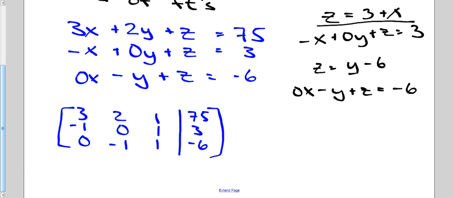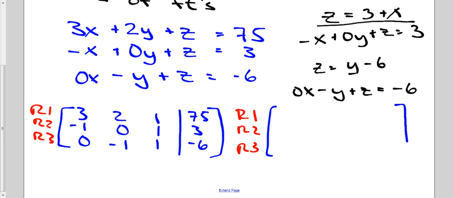Yeah, so let's label these again. Row 1, row 2, row 3. Let's multiply row 2 by 3, and then add it to row 1. And that's going to give me a new row 2, right? So, row 1 stays the same, right? 3, 2, 1, 75. But I want to multiply row 2 by 3 and add it to row 1, which gets me 0.